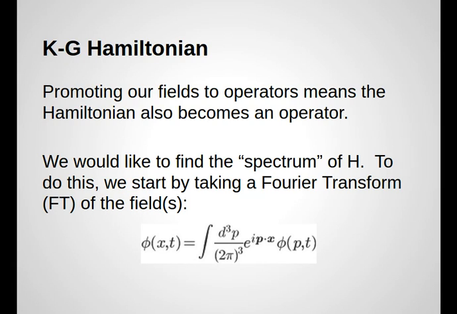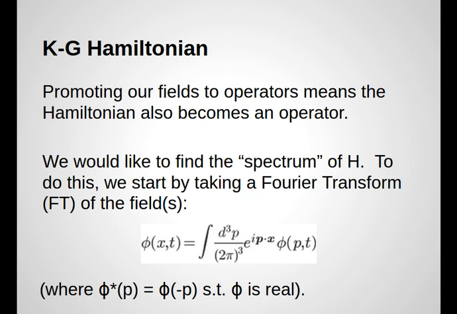The del squared term is going to pull down two factors of iP. Oh, and one thing we're doing here, we're working with a real field, so anytime we take phi star, it has to be equal to phi of minus p, just so that the field is real.